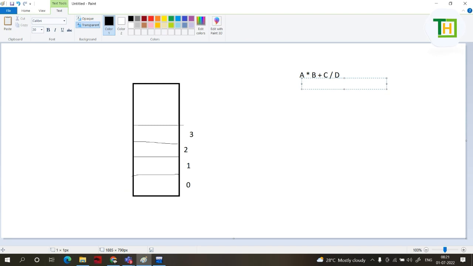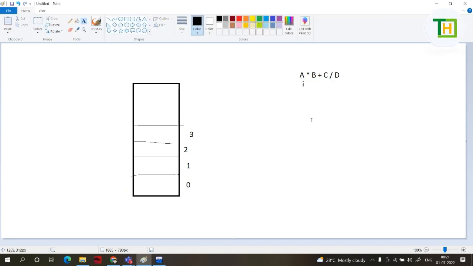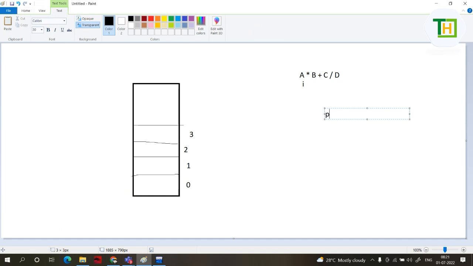Now I is at A, and I'm going to traverse each and every character in the expression. What is I, operator or operand? Operand, right? If it is an operand, there is no need to check anything.